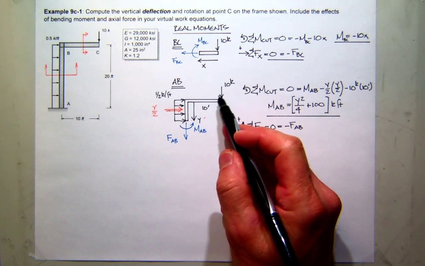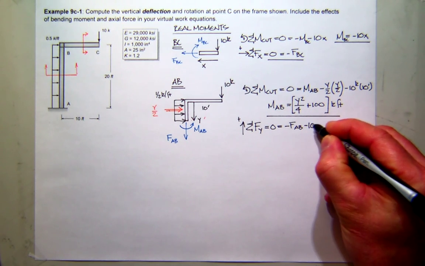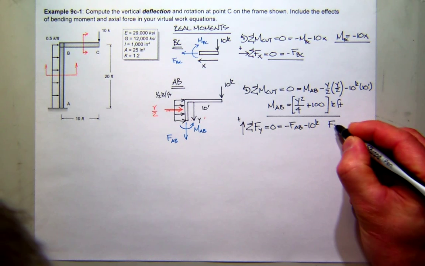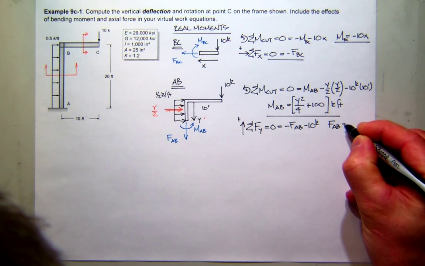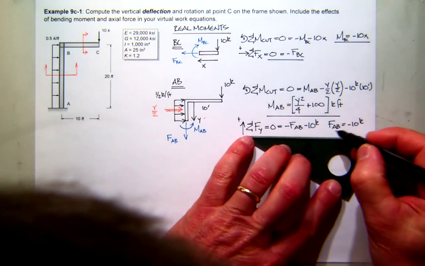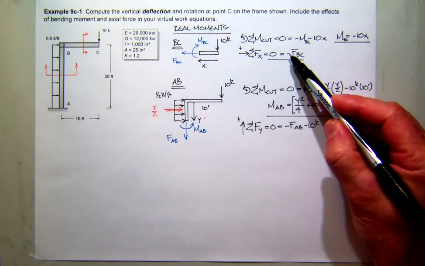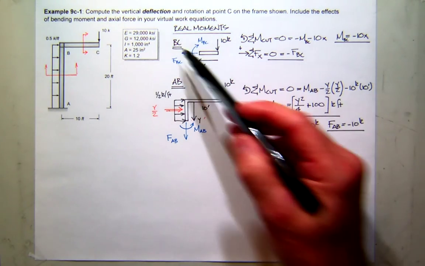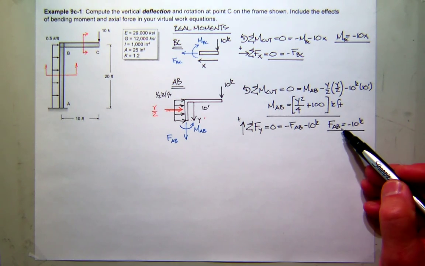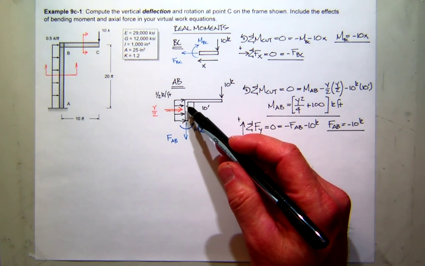This is horizontal. This is vertical, and it's also down. So it looks like the force in AB is minus 10 kips. So a little compression. So I have moment and axial force in BC and moment and axial force in AB.